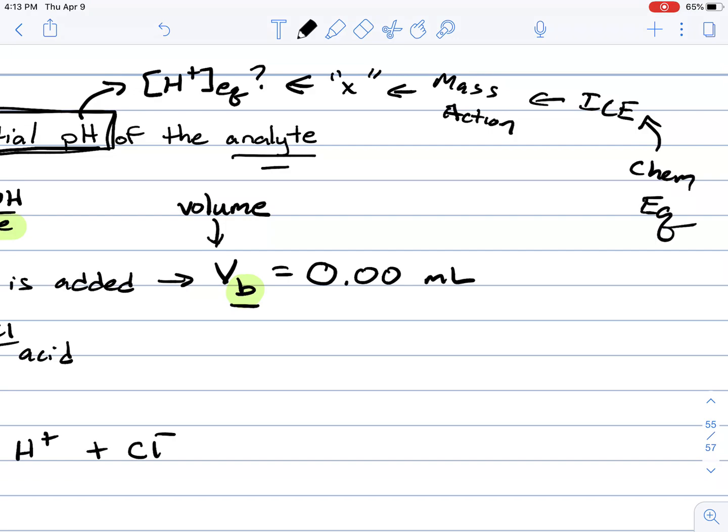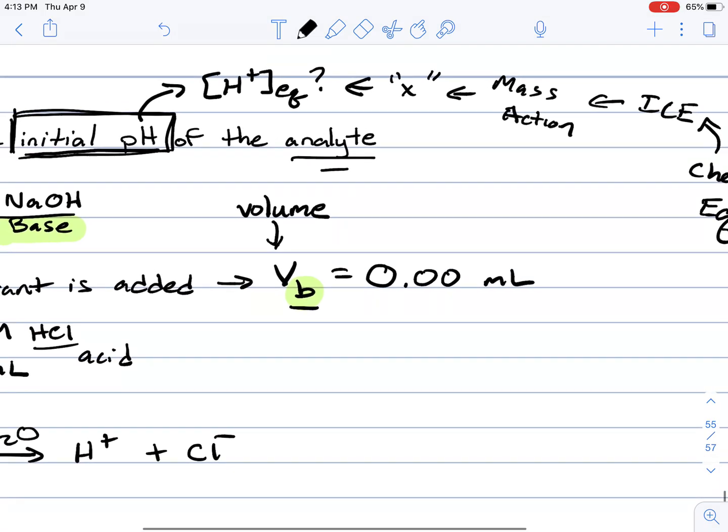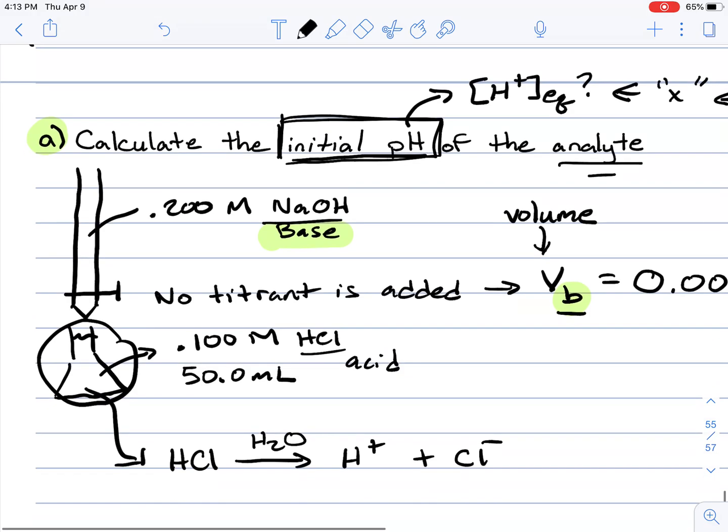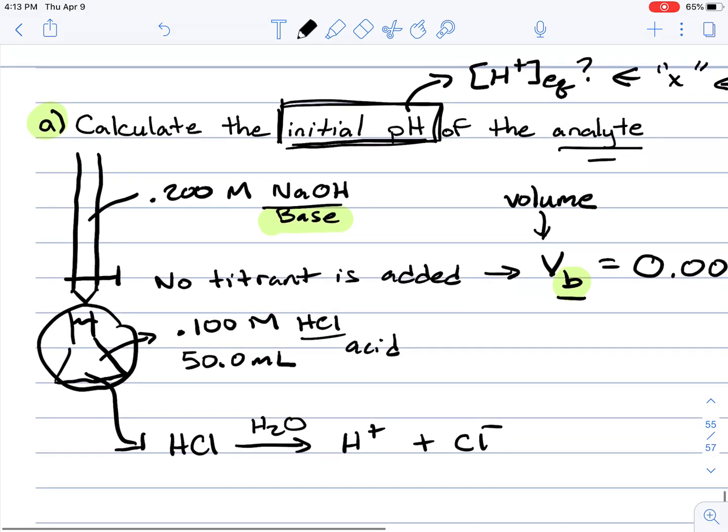Okay. So everything that we've learned in prior discussions of acid-base equilibria, we're going to apply to building our titration curve. Okay.